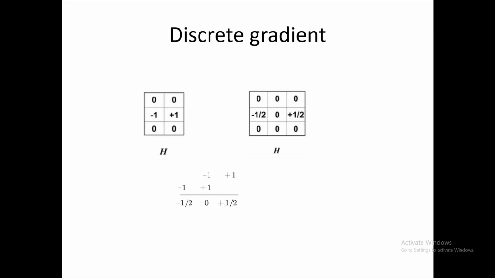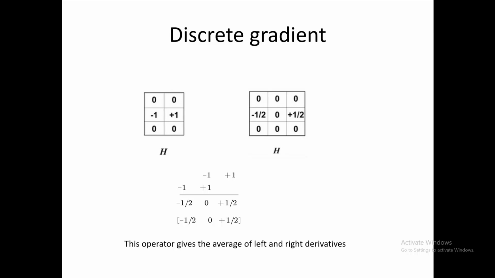Here we take the previous pixel, and this mask considers the next one. If we average these two, we will come up with this mask or this operator. So this operator gives us the average of the left and the right derivative.